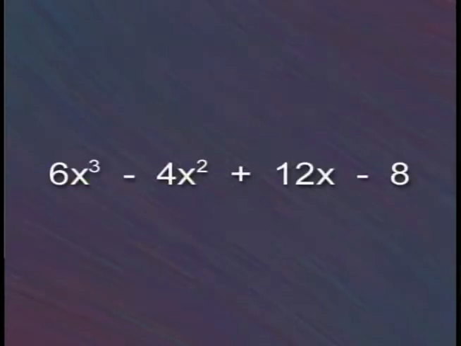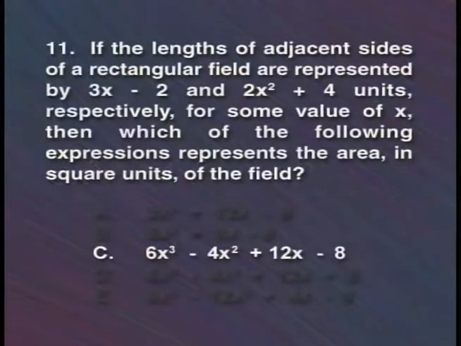Putting the variables in order according to powers of x gives us 6x cubed minus 4x squared plus 12x minus 8. Answer C is the expression that represents the sum of these variables.